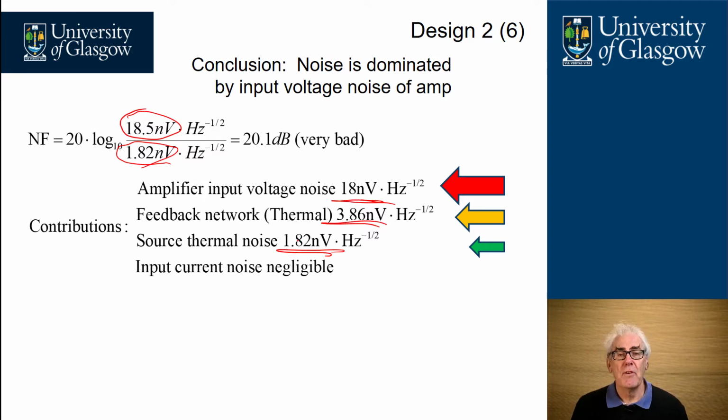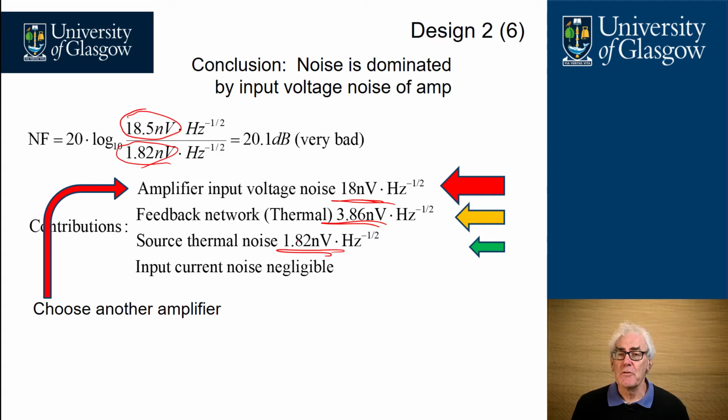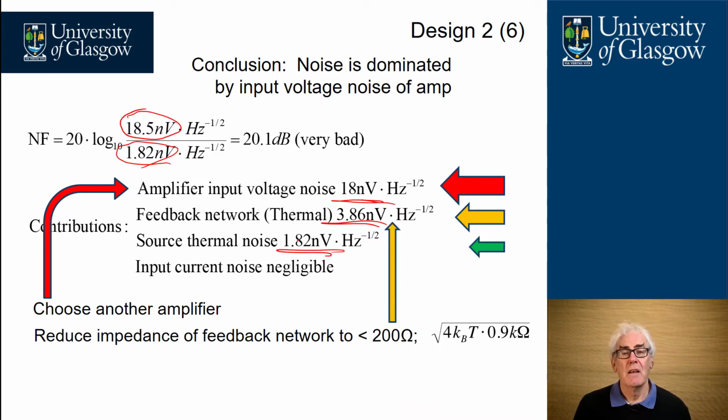And the thermal noise from the source, we are fixed with that because we cannot change the source. And the current noise into that thermal source impedance of 200 ohms is very small, so we can ignore that. Given the restrictions, all we can do with the amplifier, because it's part of the datasheet, is we need to choose another amplifier.